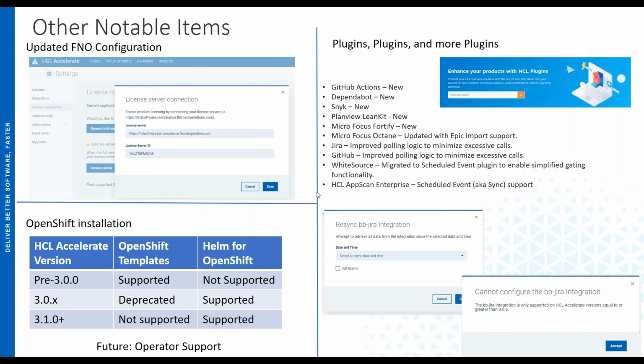If you've noticed some problems around Jira and GitHub, we've revised those to have improved API calling logic. Sometimes they were a little excessive in the information they were calling or how frequently they were calling it. So you should see some back-off logic to ensure we aren't pressuring those Jira and GitHub servers too much.